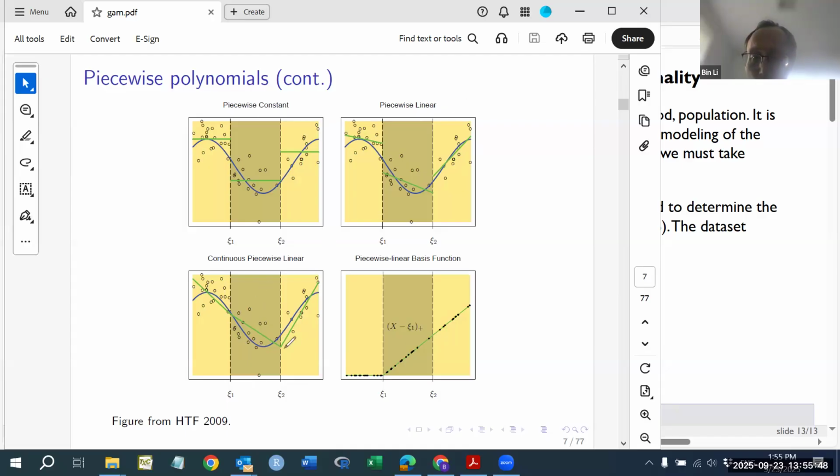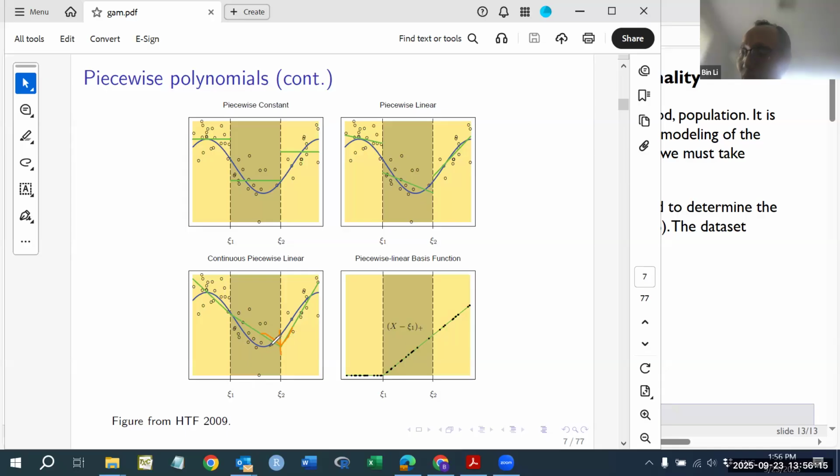Why? Because although it's continuous, it's not differentiable at these two knots. You can see an abrupt change at the knots: the derivative just below C2 is negative, but the derivative just above C2 is positive.